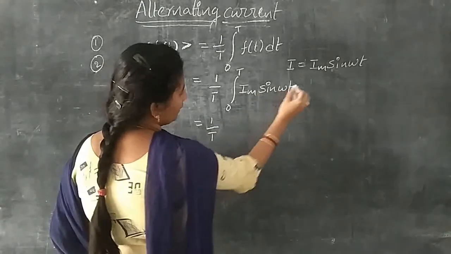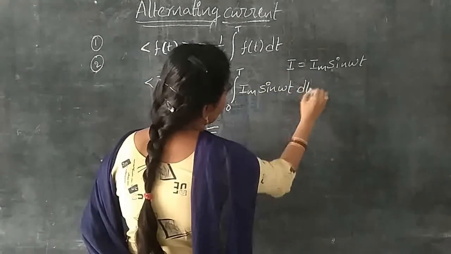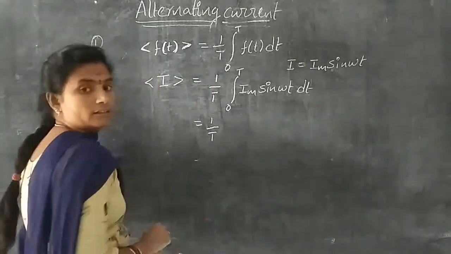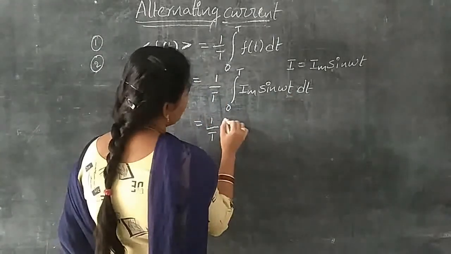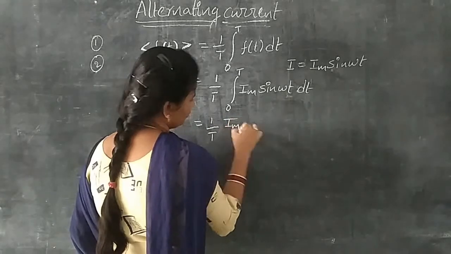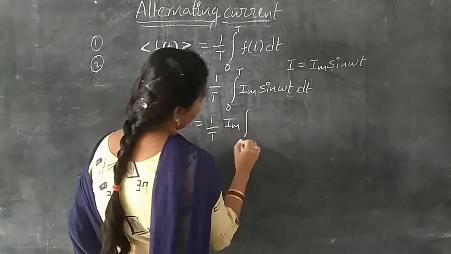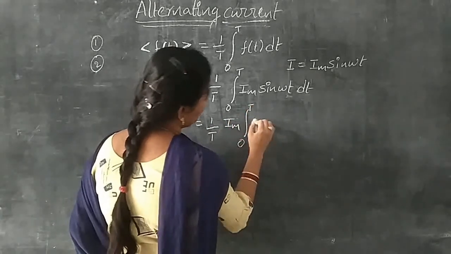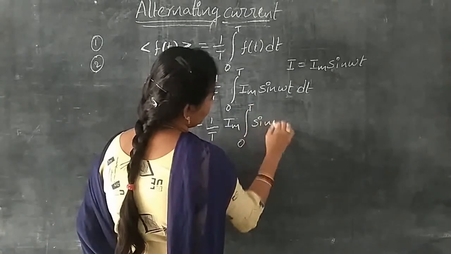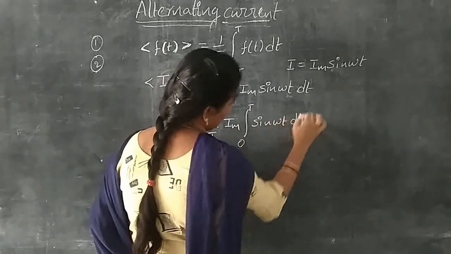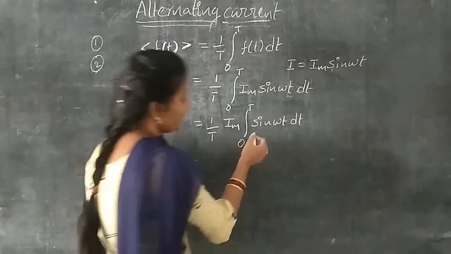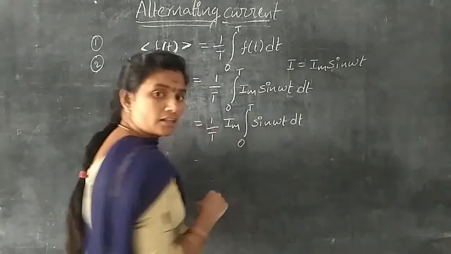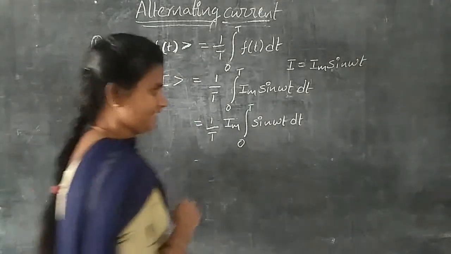So here I average is equal to 1 by T, integral of Im sin omega t dt, differentiated with respect to t. Im is a constant, so Im comes out of the integral, integral from 0 to T of sin omega t dt. What is the integral of sin omega t dt?